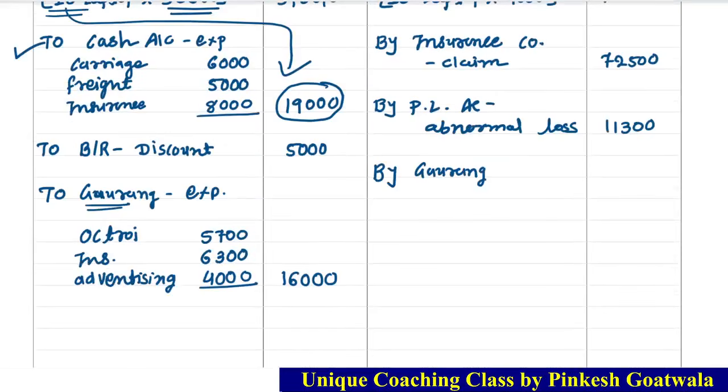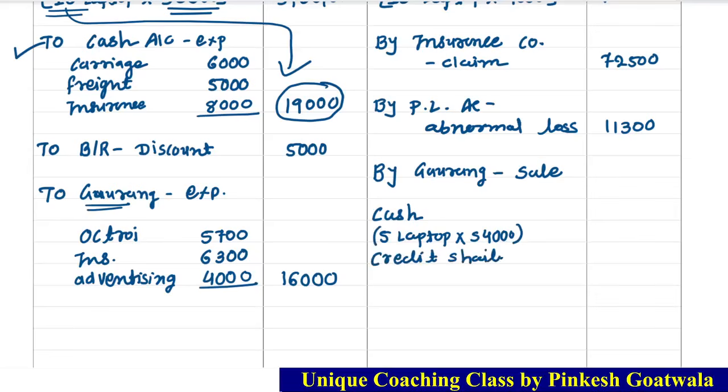So we have to write Gaurang dash sale, cash and credit. So we have to give both effects, cash sale and credit sale. How much cash sale? That is 5 laptops at 54,000, and credit sale was done to whom? To Shailesh. Credit sale done to Shailesh.